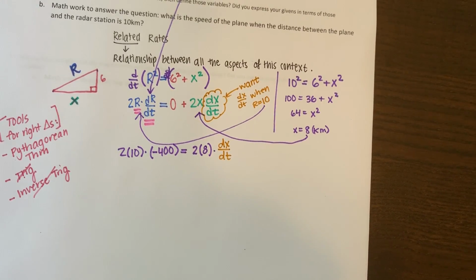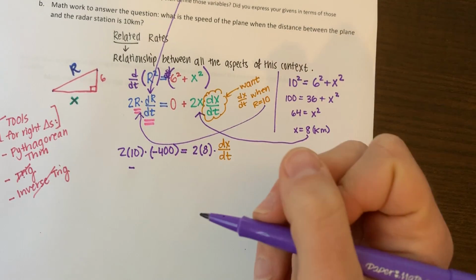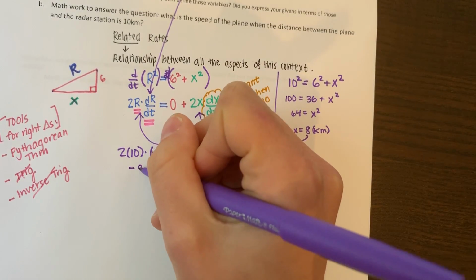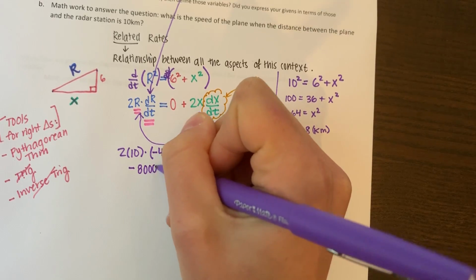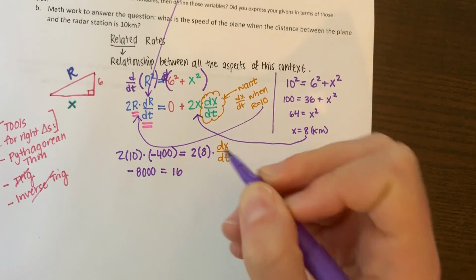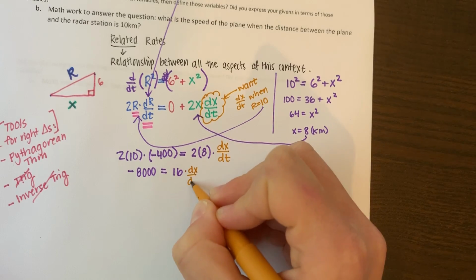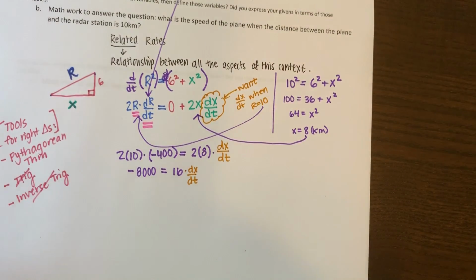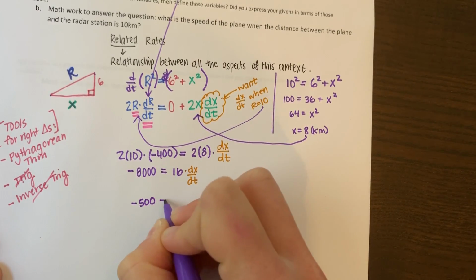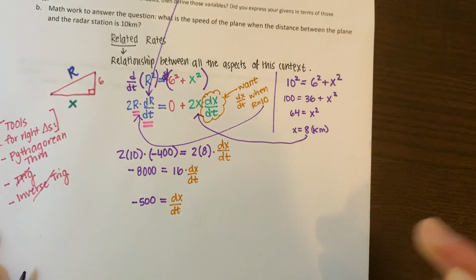So 2 times 10 is 20 times negative 400 is negative 8000. I think I did that math correctly. Is equal to 16, 2 times 8, times dx dt. Isolate for dx dt, divide by 16 on both sides, and we should get negative 500 equals dx dt.